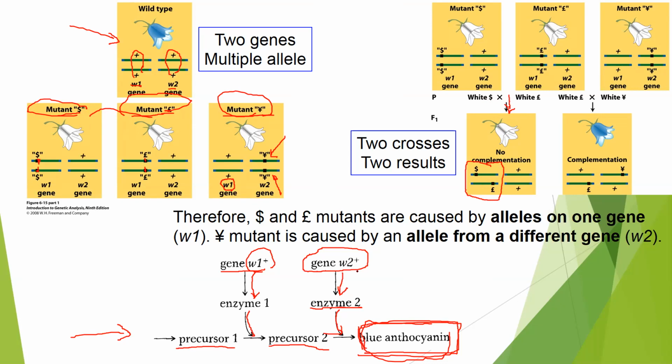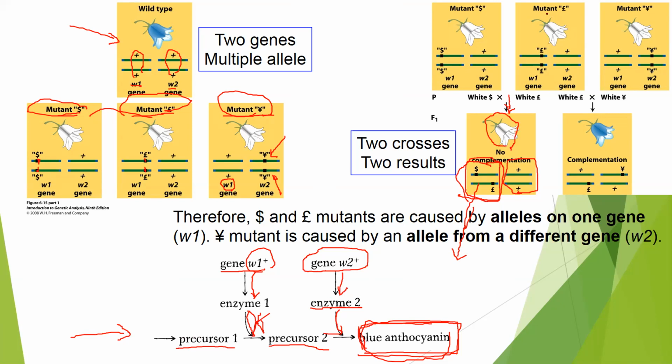So this pathway is still blocked because of this situation, right? Even if this gene is wild type, because this gene is mutant, the biological pathway is still blocked. This will give us the same mutant phenotypes.